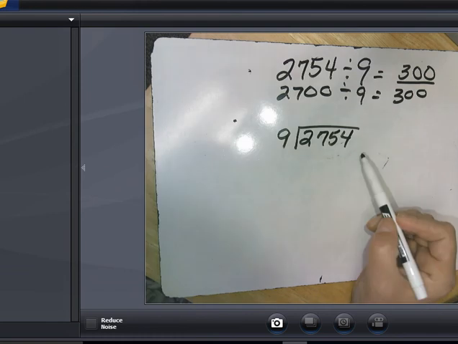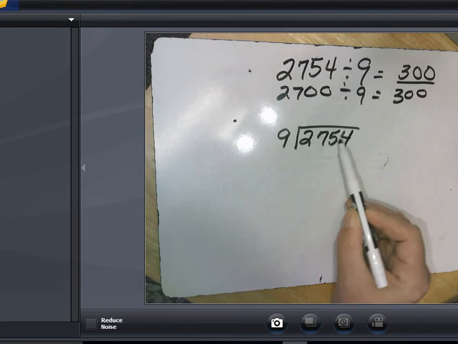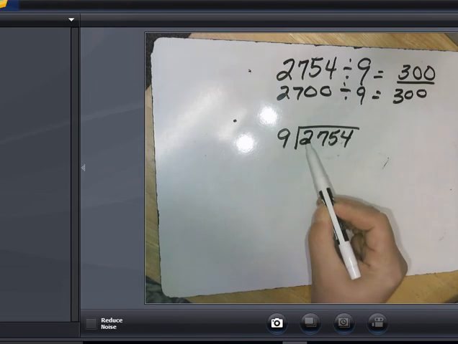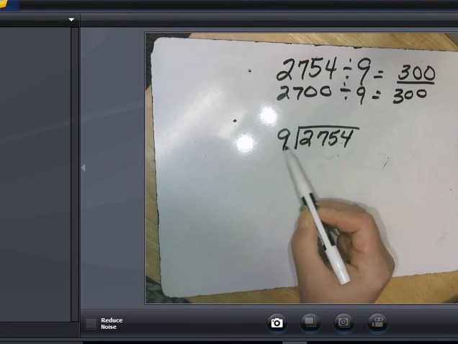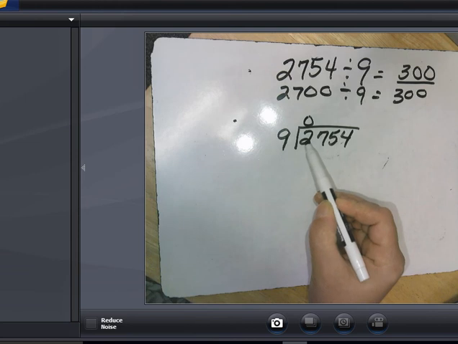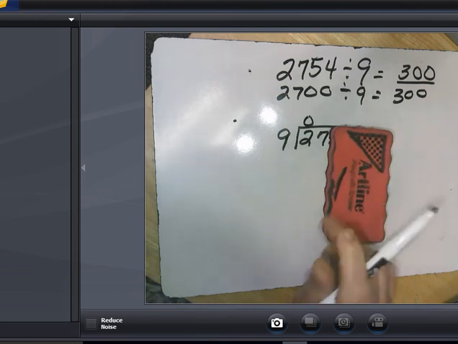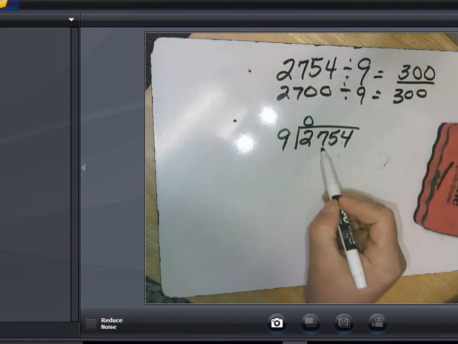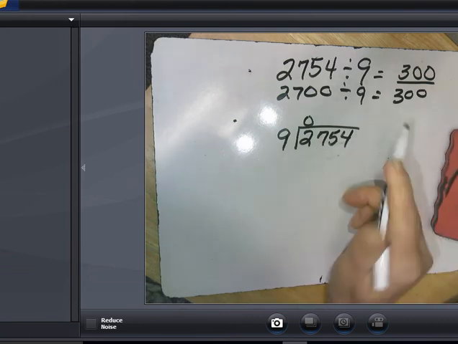We still have the same place values: ones, tens, hundreds, thousands. Now if I look at this, I'm not going to start in the thousands because I know that 9 can't go into 2. But can 9 go into 27? Well, the 7 is in the hundreds place. So we're going to start in the hundreds place.